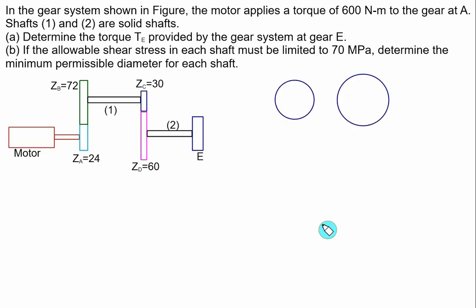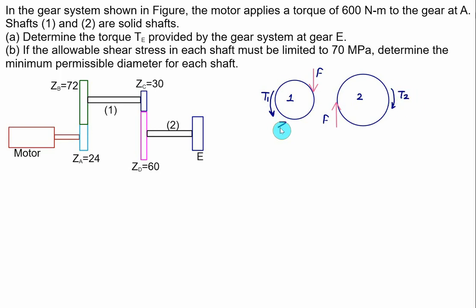So we'll make the relation between the torque and the number of teeth. For this, we'll consider two gears in mesh. Let's say this one is gear 1 and this one is gear 2. We have force equal to F. This is also force F, since action and reaction are the same forces. Gear 1 is subjected to the torque T1, and for gear 2 we have torque T2.